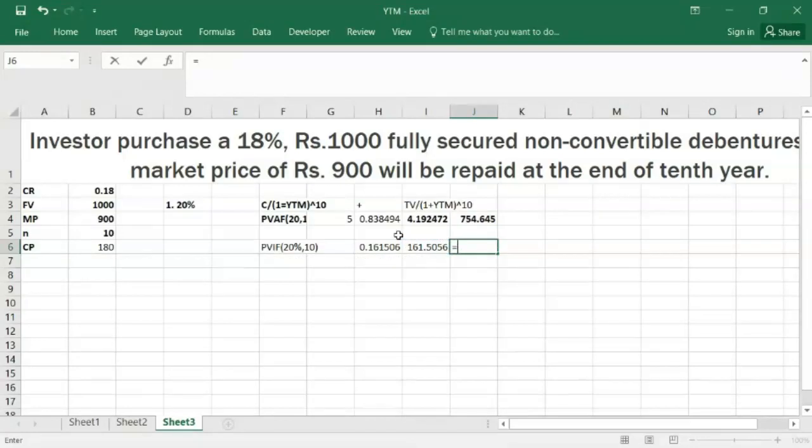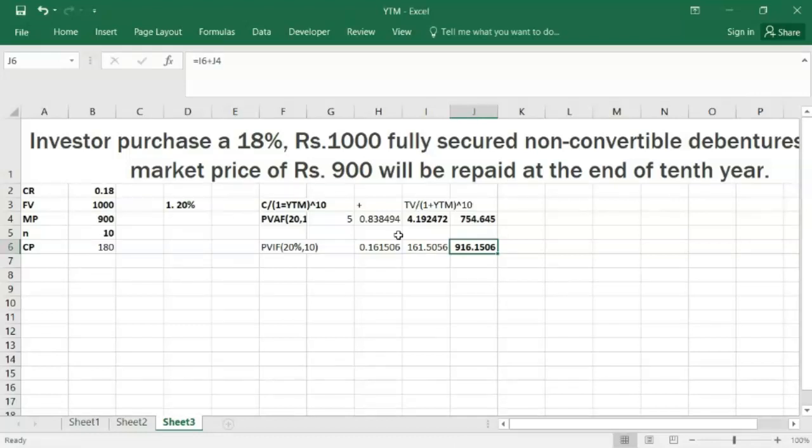This 161 rupees is the terminal value, and this value along with the interest payment together comes to the present value of coupon payment plus maturity benefit, which becomes 916 rupees. So at the rate of 20%, it is slightly more than the market price.